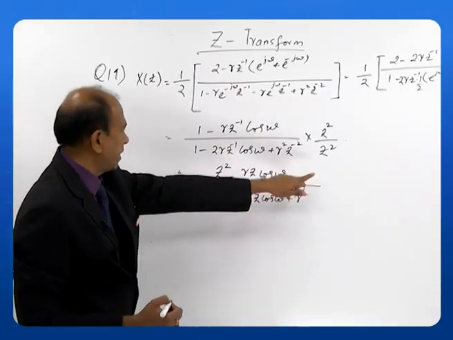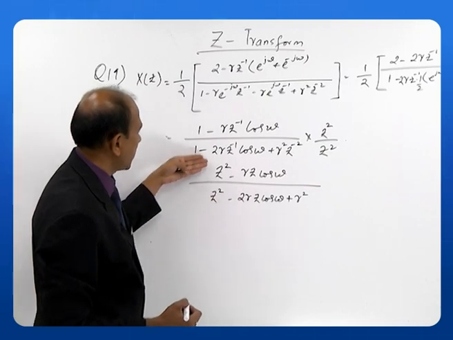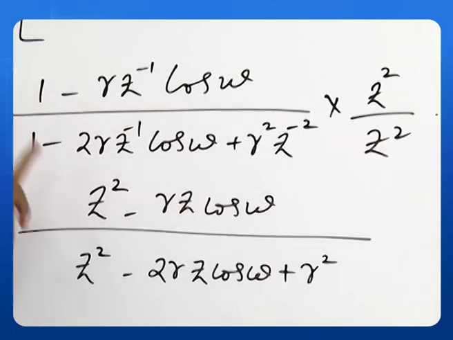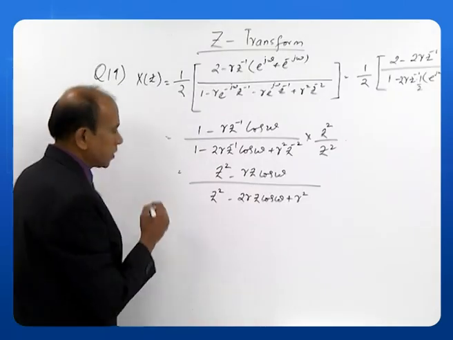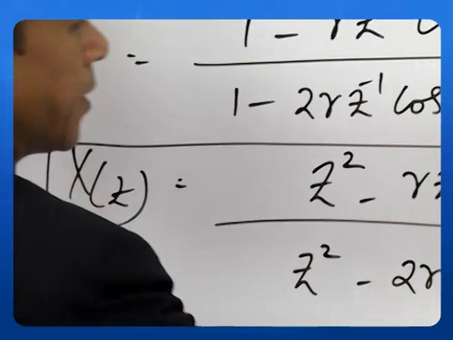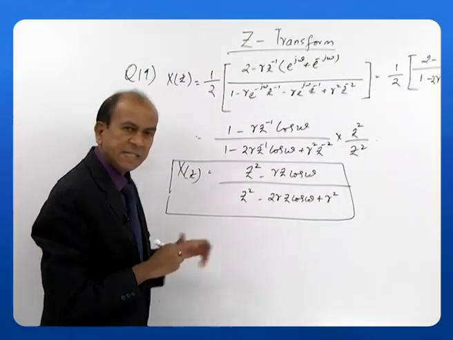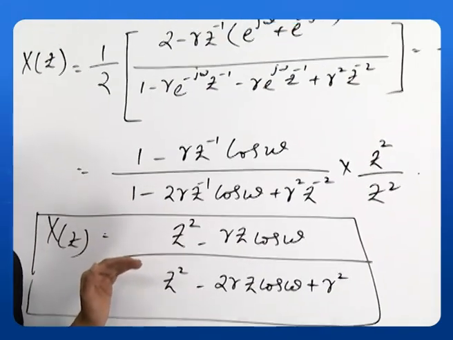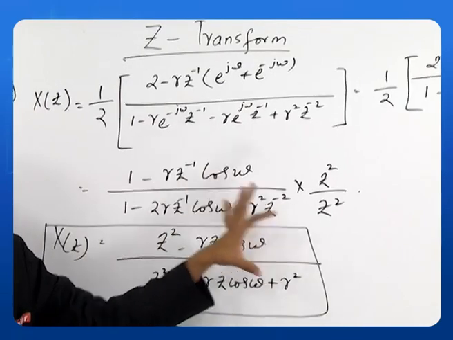Okay, so this we have multiplied. So this is z square minus 2rz cos omega plus r square, and this is again z square minus rz cos omega. So this is my X of z. This is the z transform of the given function r^n cos omega n. This is the z transform for that.